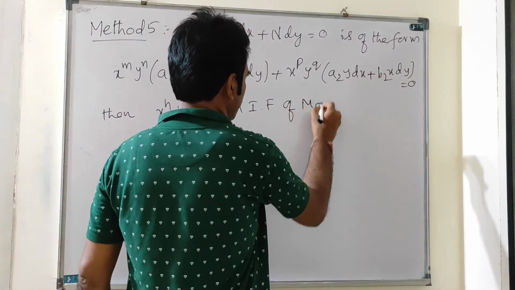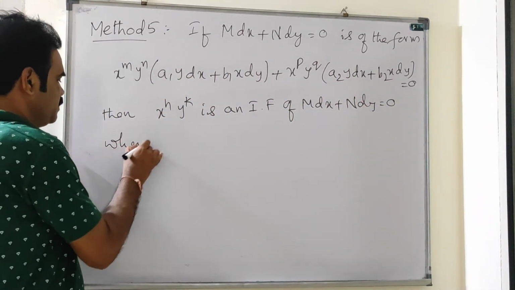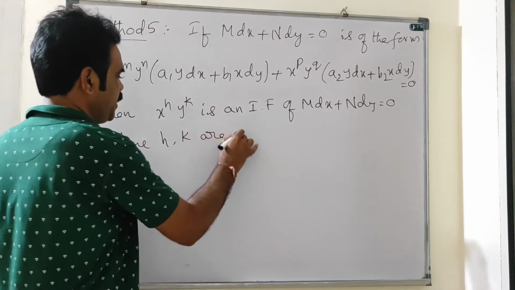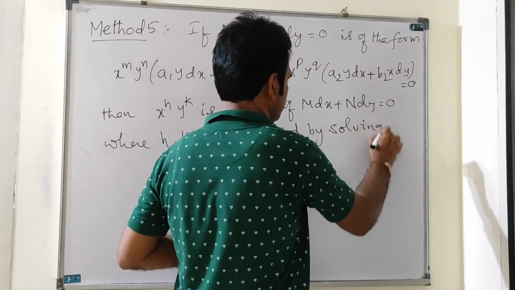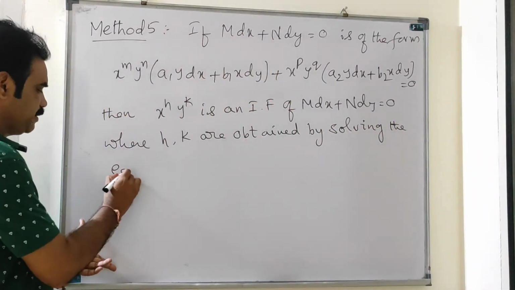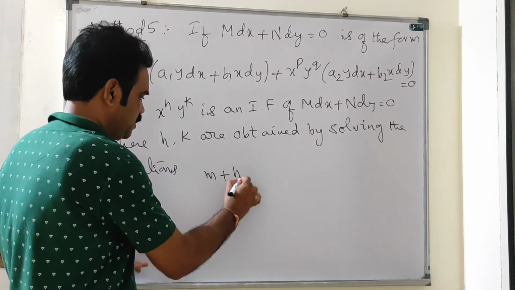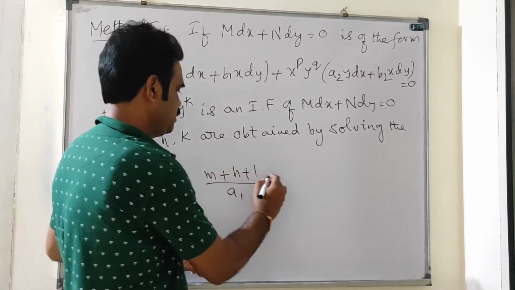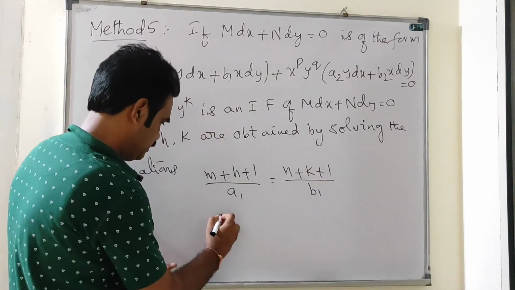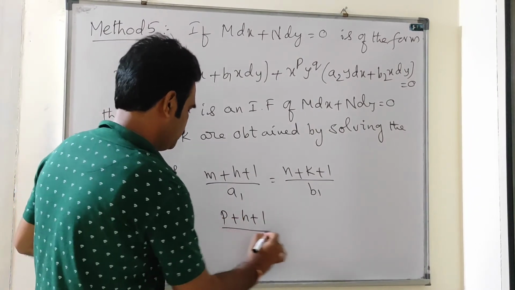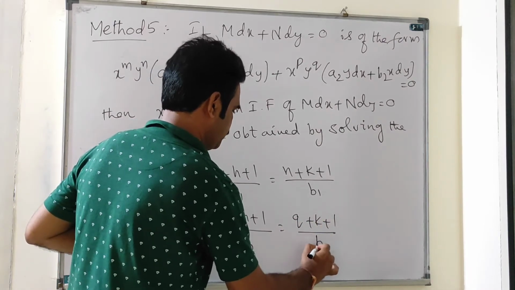of M dx plus N dy equal to 0, where h and k are obtained by solving the equations (m plus h plus 1) by a1 is equal to (n plus k plus 1) by b1 and (p plus h plus 1) by a2 is equal to (q plus k plus 1) by b2.